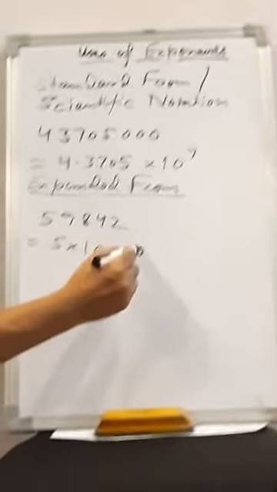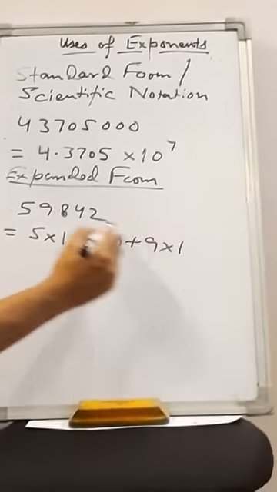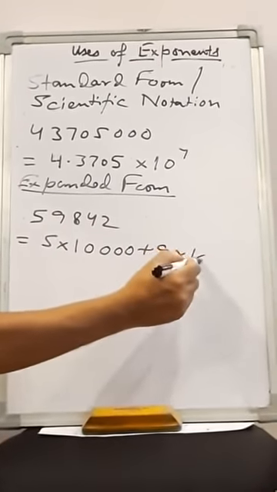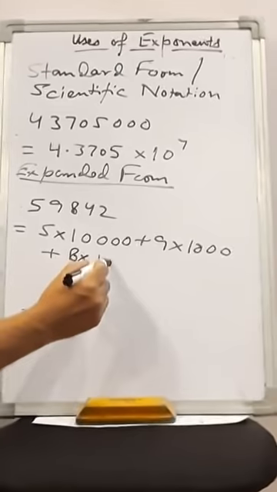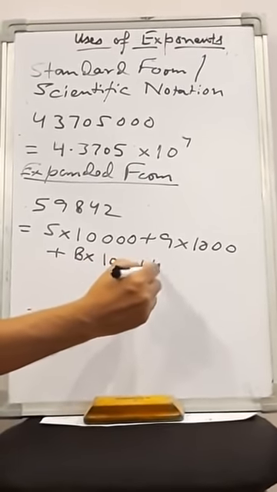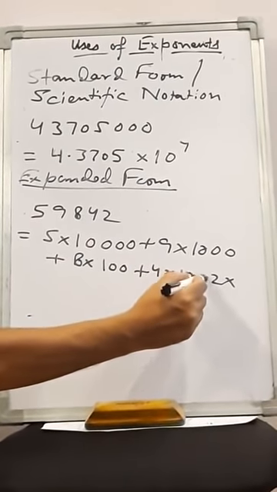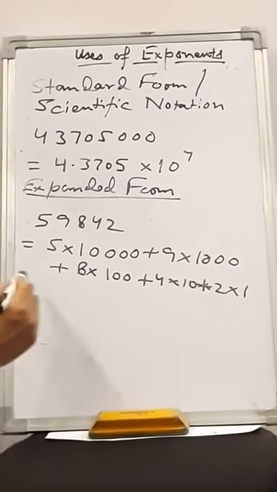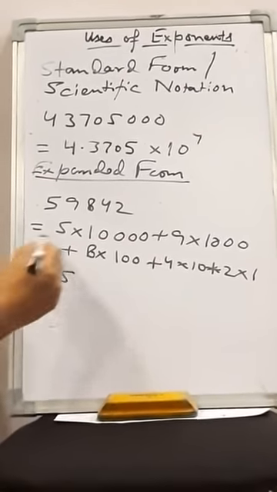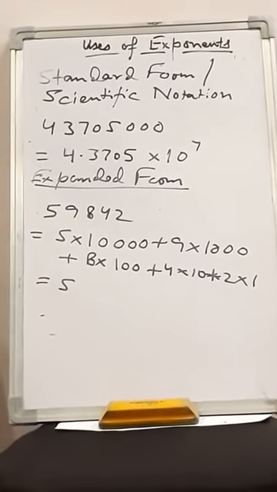Same way 9 into 1, 1, 2, 3. Plus 8 into 100 plus 4 into 10 plus 2 into 1. Now this is an expanded form of this number.